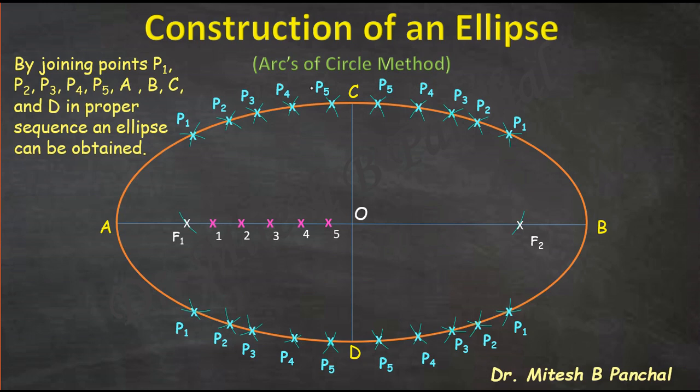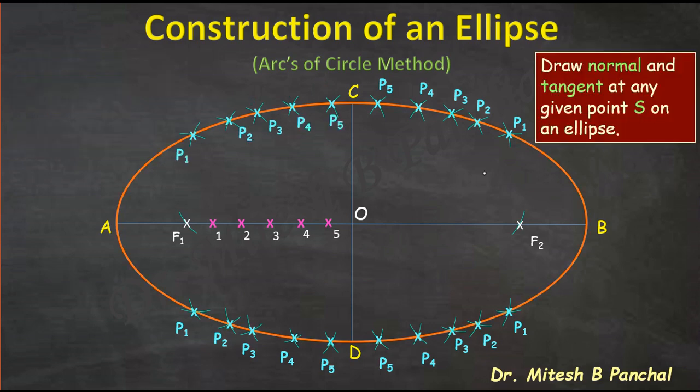So this is the procedure of construction of an ellipse by the arcs of circle method. For any point on the ellipse, that is P1, P2, P3, P4, the sum of its distances from F1 and F2 is equal to AB. So this is the procedure to draw an ellipse by the arcs of circle method.